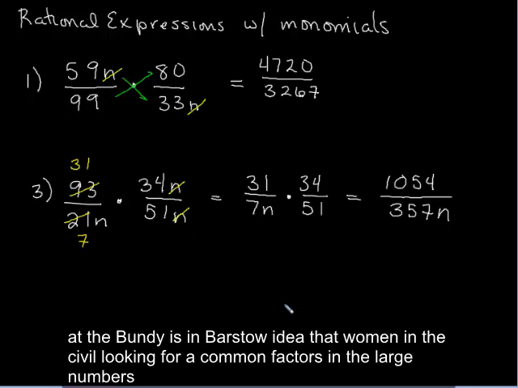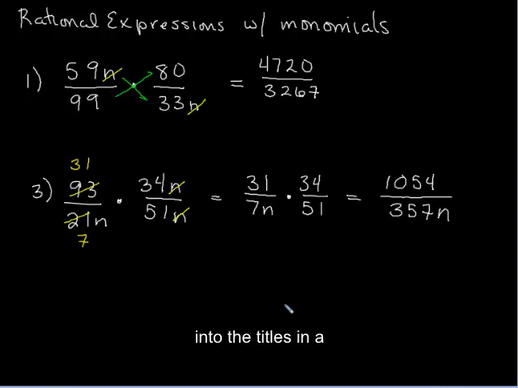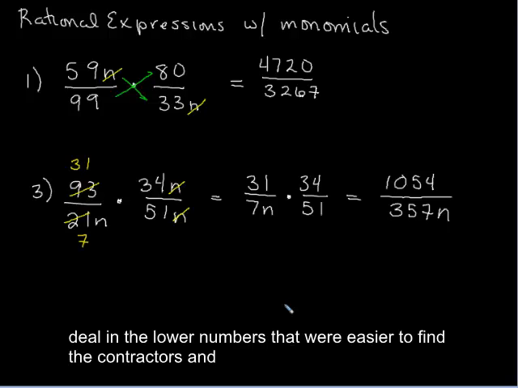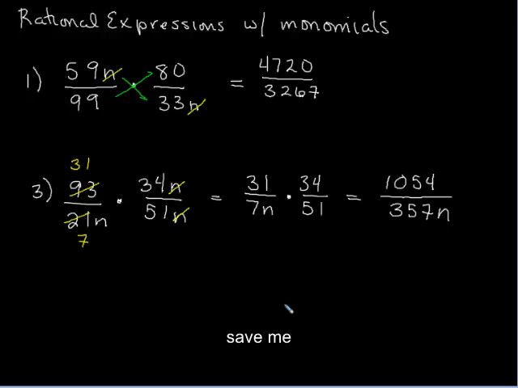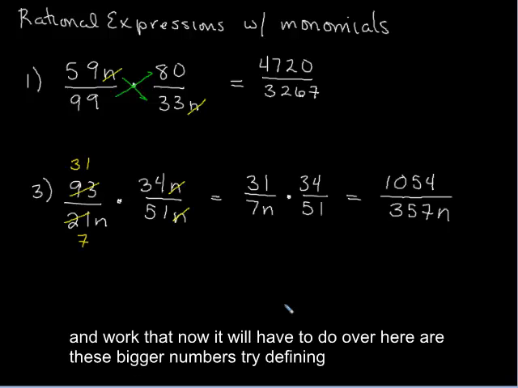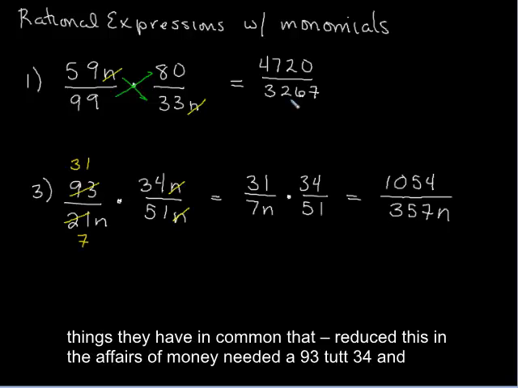By reducing first, though, what I did is I eliminated the need to go looking for common factors in the large numbers, which can be time consuming. Dealing with the smaller numbers, which were easier to find the common factors in, saves me time and work that now I don't have to do over here with these bigger numbers trying to find things they have in common.